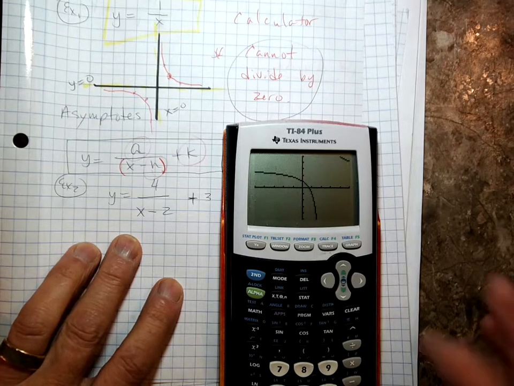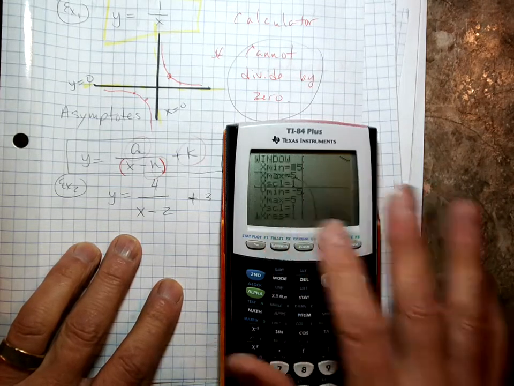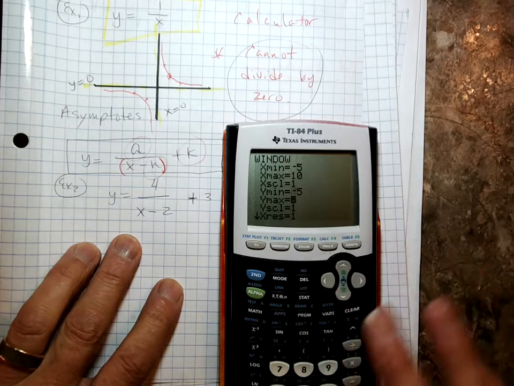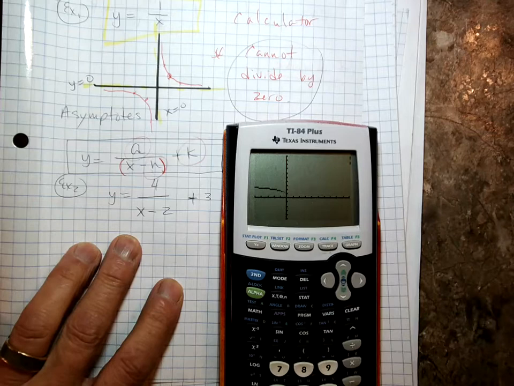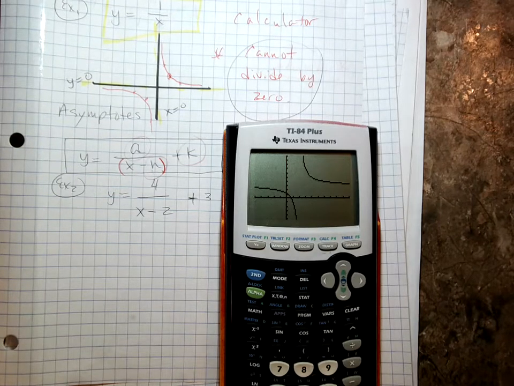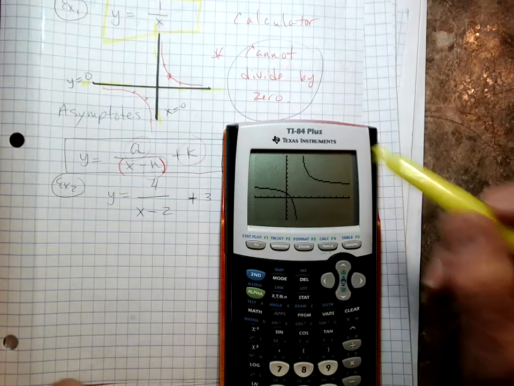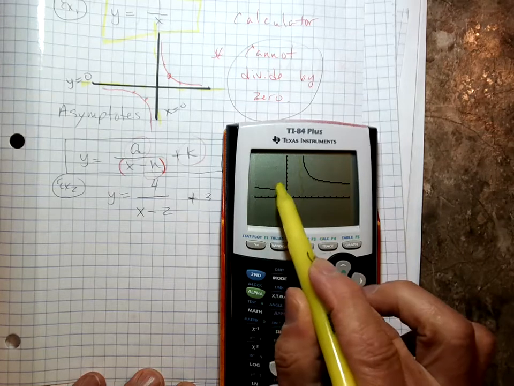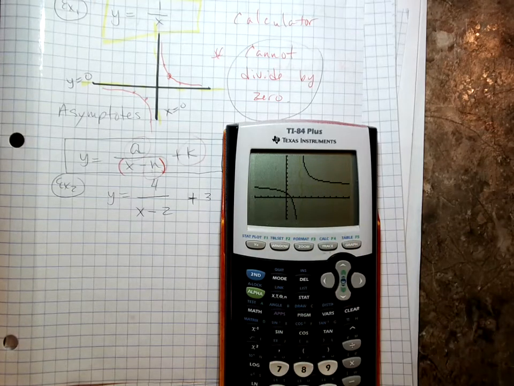Well, I need to make my window a little bit bigger. I can do that, and I get it there, okay? But it's kind of a pain. There are 2 asymptotes. The asymptotes are invisible, so you got an asymptote here and you got an asymptote here. But again, the asymptotes are invisible. You can't see them. Okay?